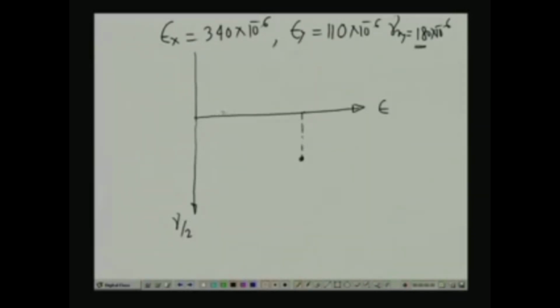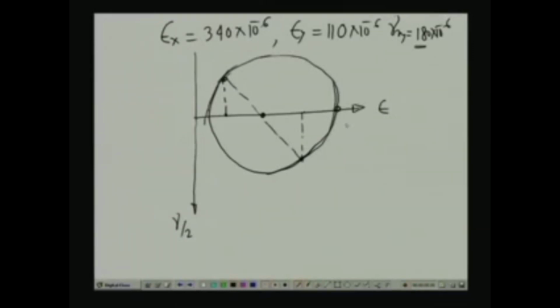We have another point epsilon y which is 110 and gamma by 2 is minus 90. So, we place the point here, and as per the norm of the Mohr-Circle we join these 2 points, and thereby this gives us the center of the Mohr-Circle. And if we plot the circle considering this as center and this as radius, we get the circle.